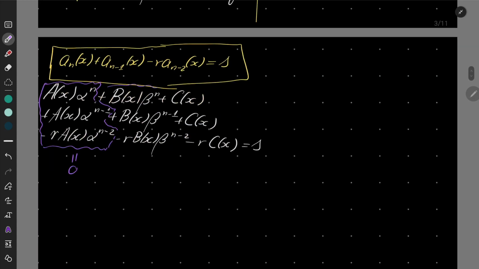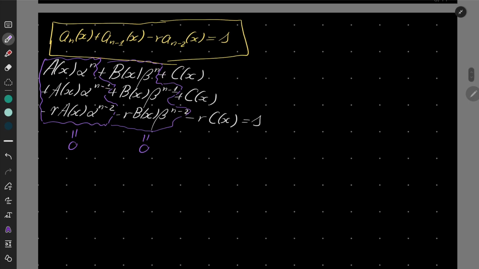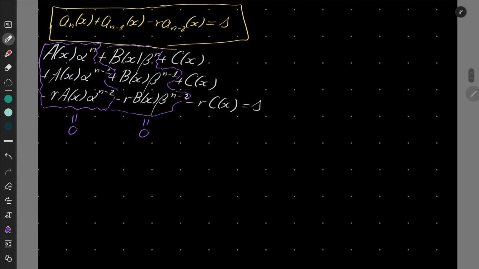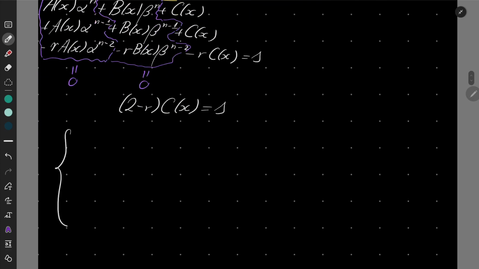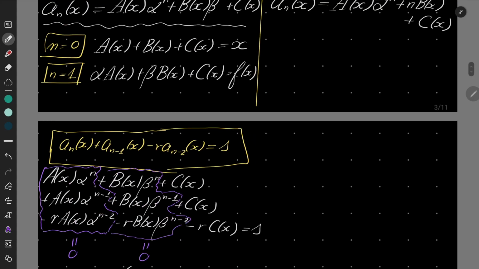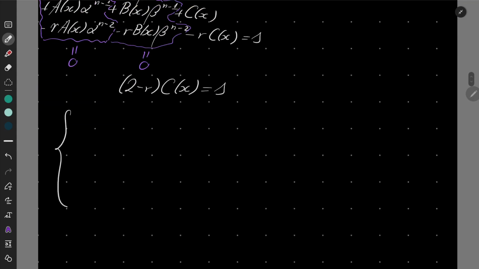By the same argument, this part right here is also 0, because beta is also one of the roots of this polynomial. And we have, finally, 2 minus r times c(x) equals s. And if you look closely, maybe I will bring these 3 conditions together. a plus b plus c equals x.